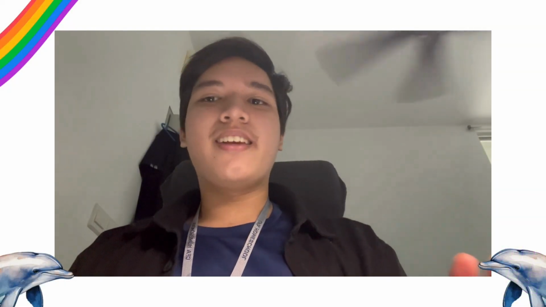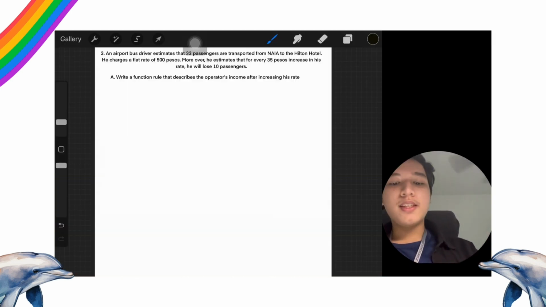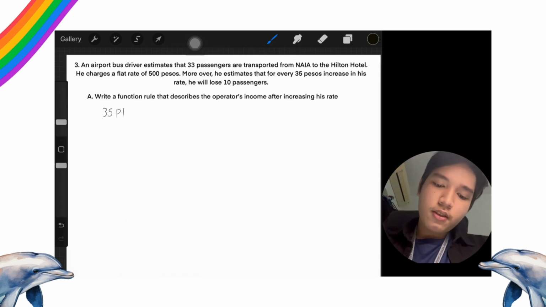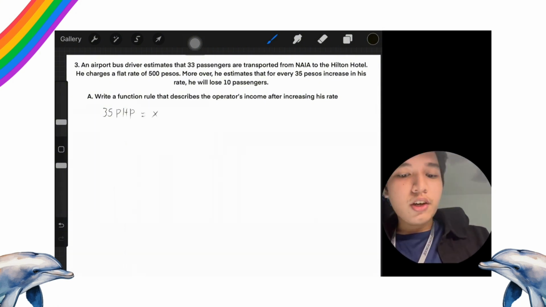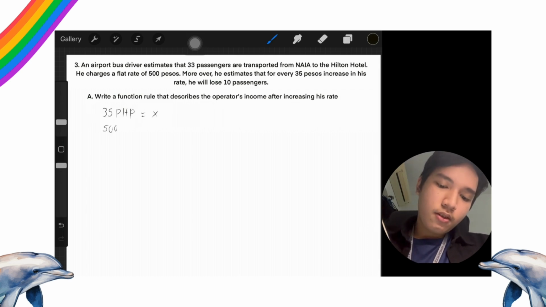Hi guys, it's me again. So, we're now doing question 3. What are we going to do? It says to write a function rule that describes the operator's income after increasing his rate. 35 pesos, and he charges a flat rate of 500 pesos. So 500 pesos is the original rate.